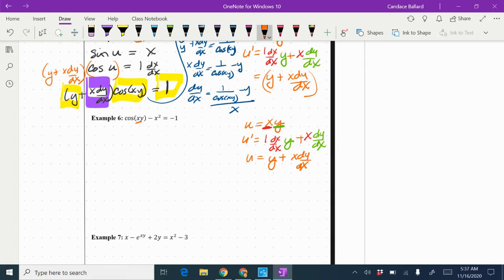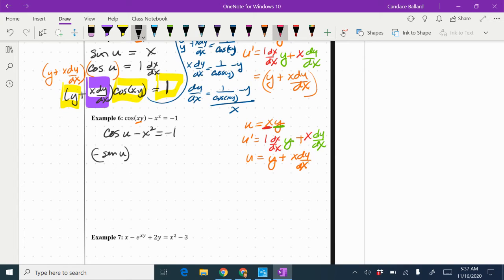Now, I'm going to go over to the original function, and I'm going to rewrite it. So cosine of u minus x squared equals negative 1. I'm going to go ahead and take that derivative. So the derivative of cosine of u is negative sine of u.